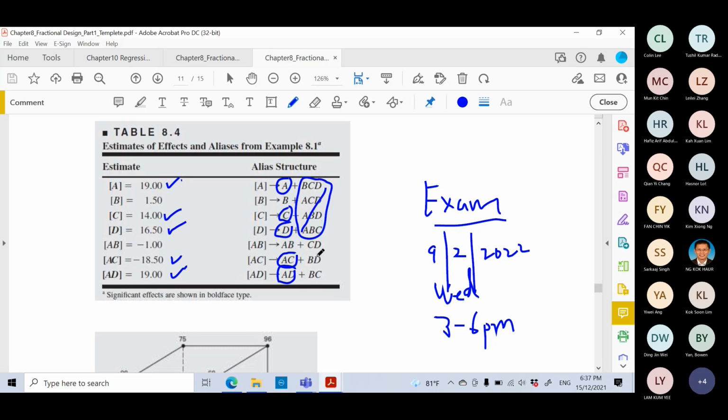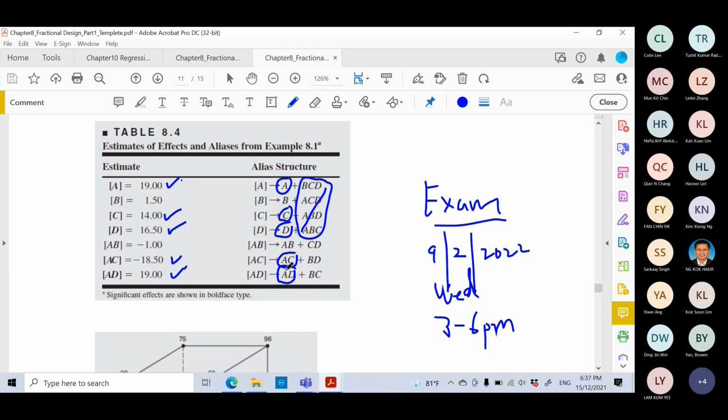Okay, and then over here, the alias structure of these two, because as I mentioned before, BD, the B is not significant. So we believe that the contribution of the AC here really comes from the AC. Because here you have a BC, we also think that B has less contribution.